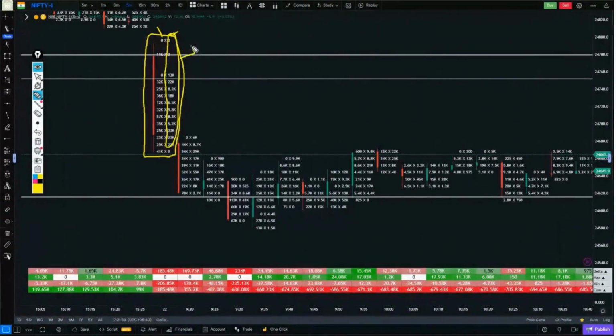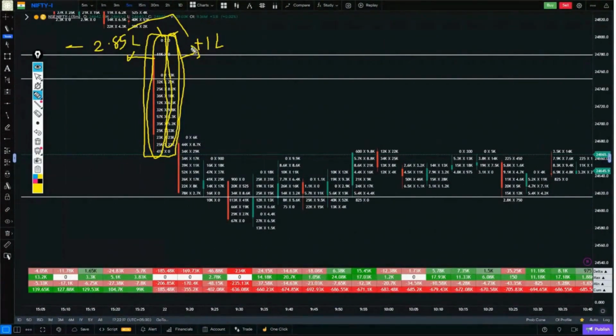Let's assume the total here comes out to be around 1 lakh. We are just assuming any value here so that it's easier to understand what delta is, and we've added up all the sellers on the left side. Let's say the value here comes out to 2,85,000. These are the sellers. So, if we take the difference between the two, how much is it?